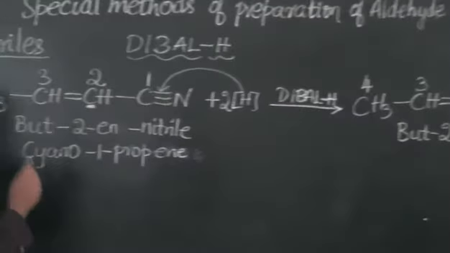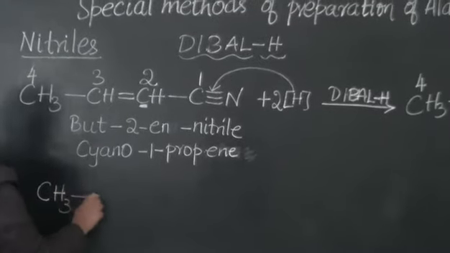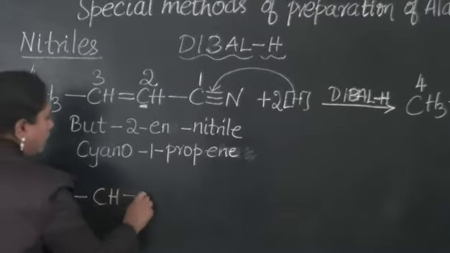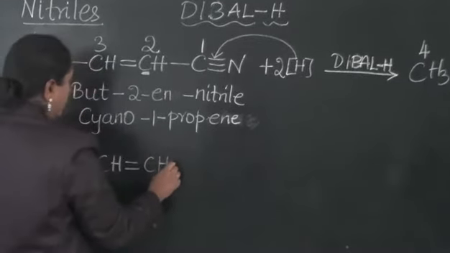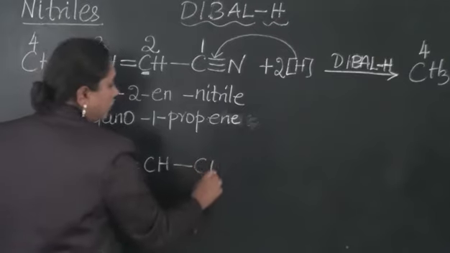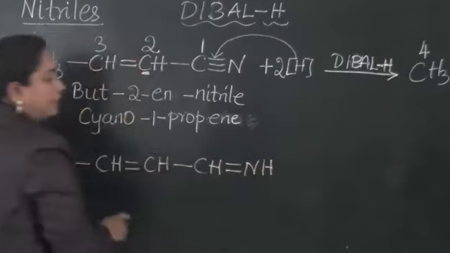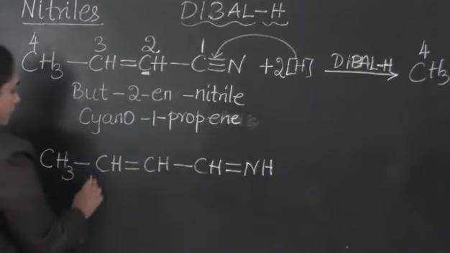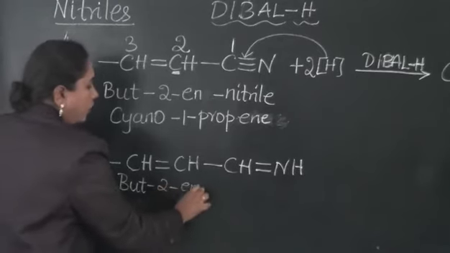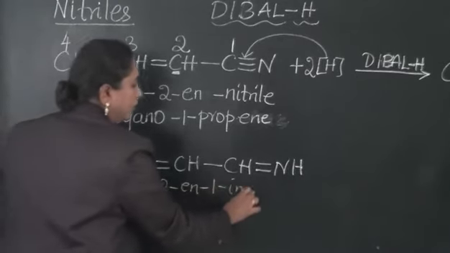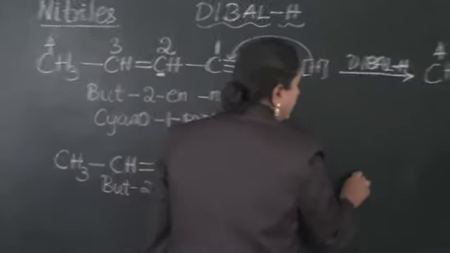Now what has to be done? To obtain the aldehyde, it has to be subjected to the process of acid hydrolysis. So we have 3 carbon atoms, and the 4th carbon atom linked with NH. This is step number 2. So this but-2-en-1-imine is subjected to acid hydrolysis.